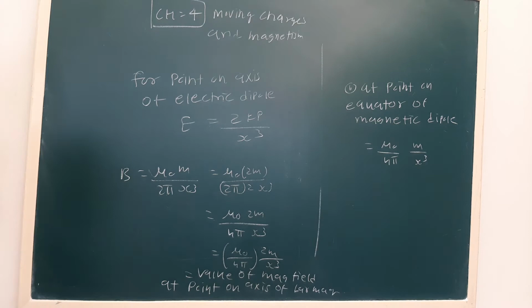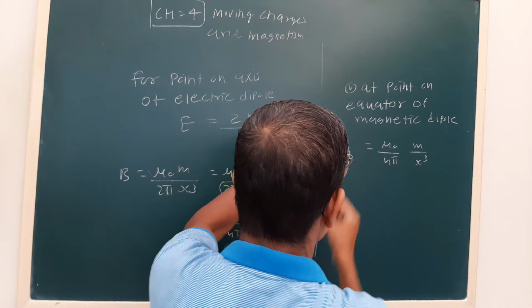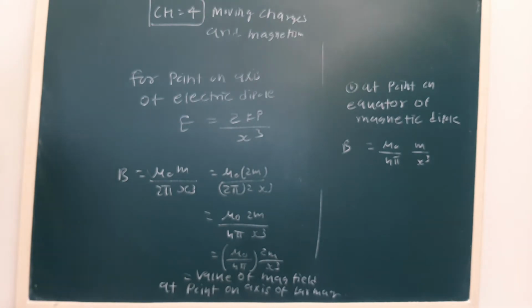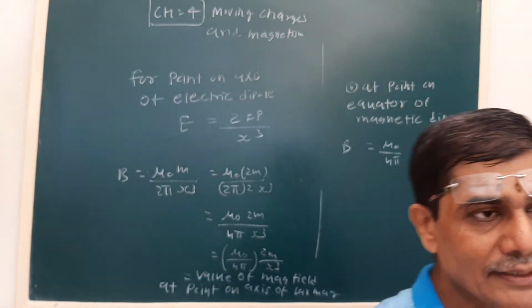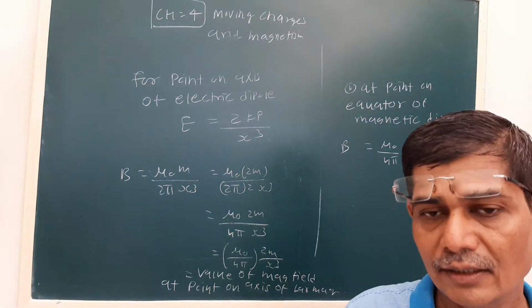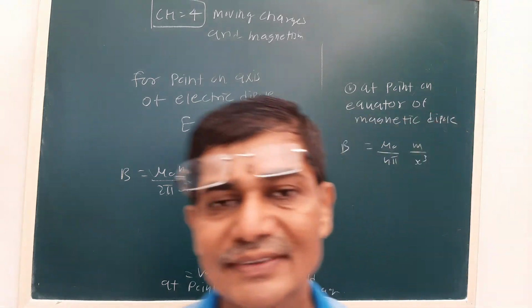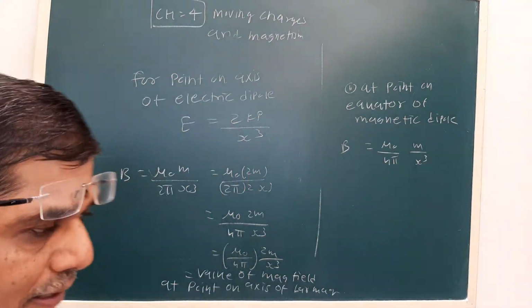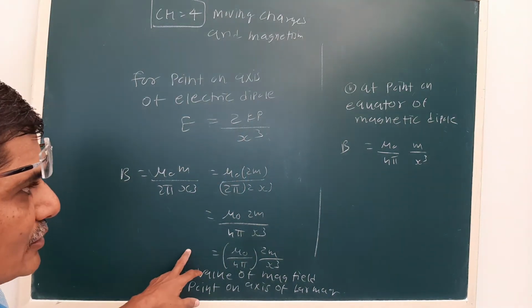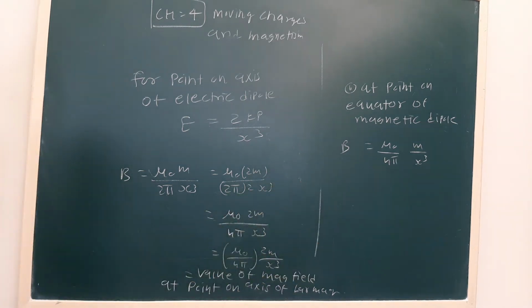So this is the formula of the magnetic field at any point on the equator of the dipole. So this is how, by using the equation of a current carrying circular loop and comparing with the magnetic dipole, we have obtained the magnetic field at any point on the axis of the dipole and equator of the dipole.